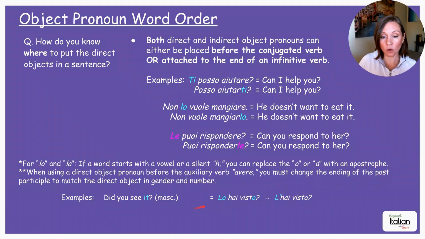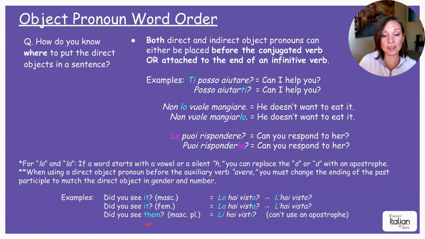So the lo becomes "l'hai," L apostrophe H-A-I, "visto." Okay, if it's feminine, did you see it? If it's feminine, we have "la hai vista," becomes "l'hai vista." Okay, so it's the same thing, L apostrophe, and then the A here corresponds with la.